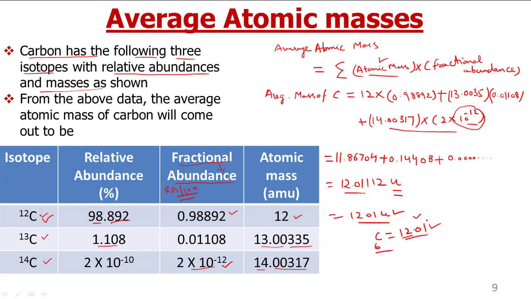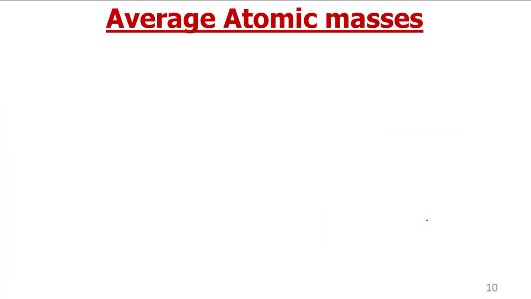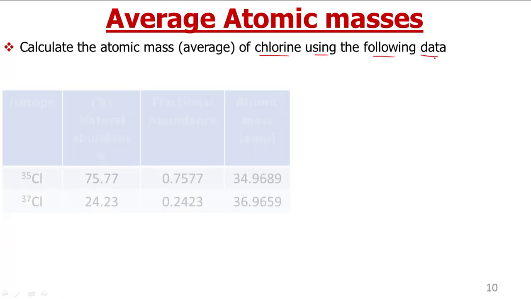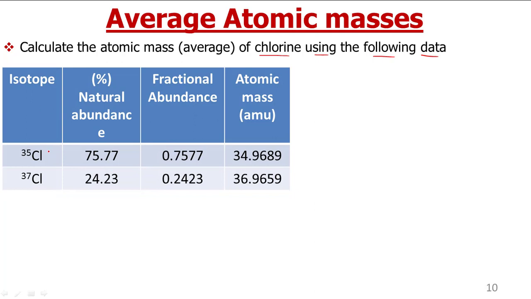Similarly, let us try to calculate the average atomic mass of chlorine using the following data. The data will be similar to that for isotopes. Chlorine has two isotopes, Cl-35 and Cl-37. This is the mass number. Their natural abundances are 75.77 and 24.23.